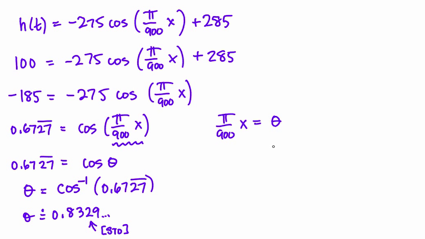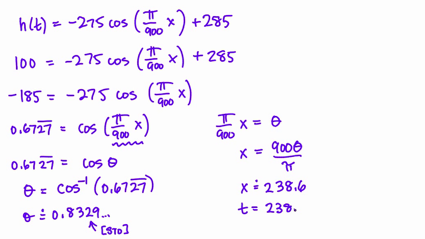Now I know theta, I can figure out x, and x is just 900 times that theta all divided by pi. Again, I grab my calculator and I calculate what this is, and I get approximately 238.6. We won't worry about too many decimal places, and technically this is actually t, not x, and t is in seconds.